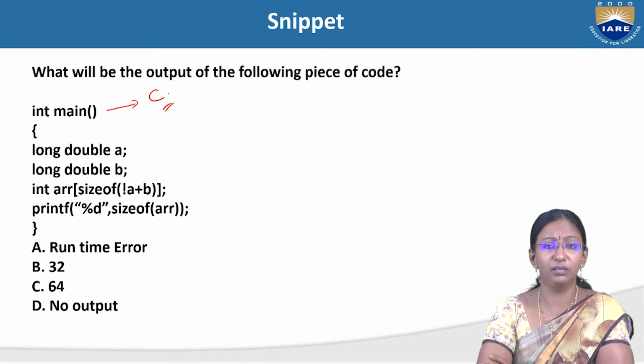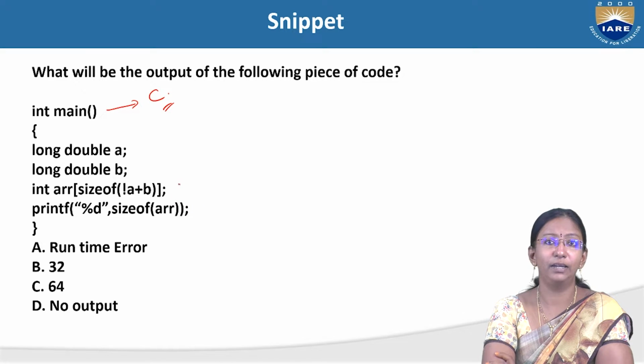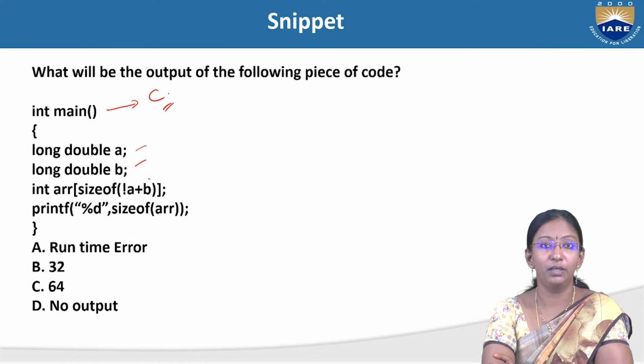Right? So here, this is a simple piece of code. Let's analyze this one. You can see that two variables A and B are declared, not yet initialized, just declared as long double.